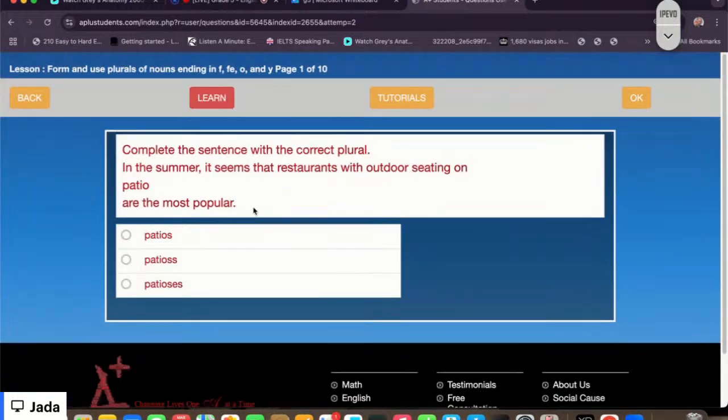Okay, so in the summer, it seems that restaurants with outdoor seating on patios are the most popular.